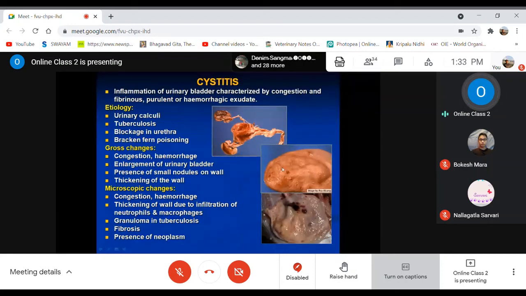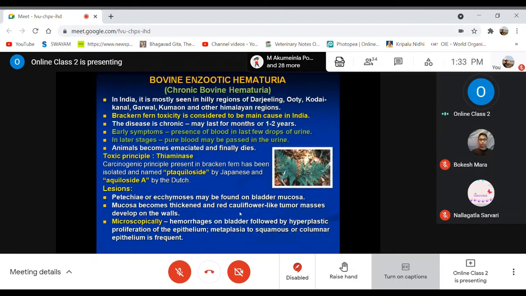So far as Mycobacterium tuberculosis infection, as in the case of TB, is concerned, as we have already learned, it is a chronic inflammatory reaction, what we call granulomatous inflammation, where granuloma formation is a must, right? Then in some cases, there may be fibrous connective tissue proliferation leading to fibrosis, and there may even be neoplasms, right? Cancerous growth.